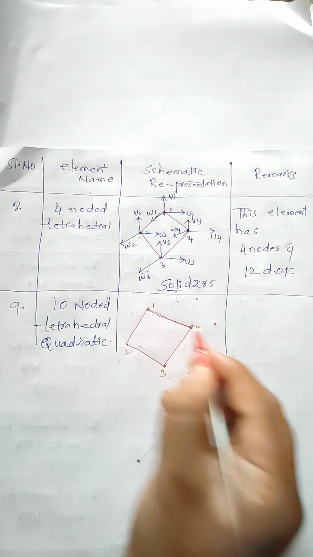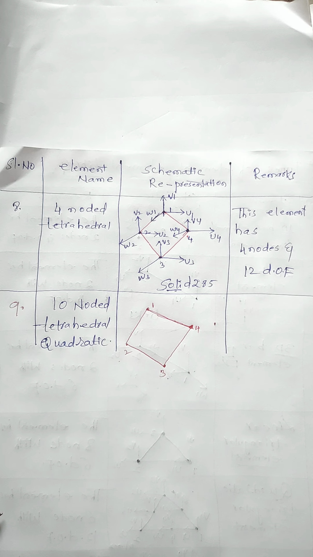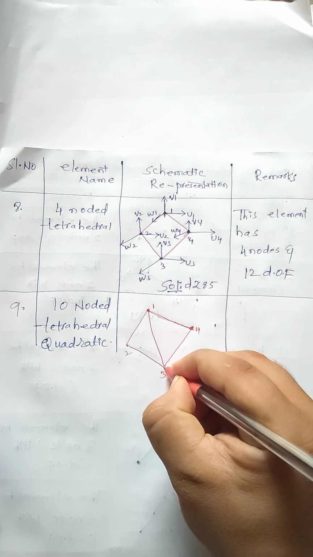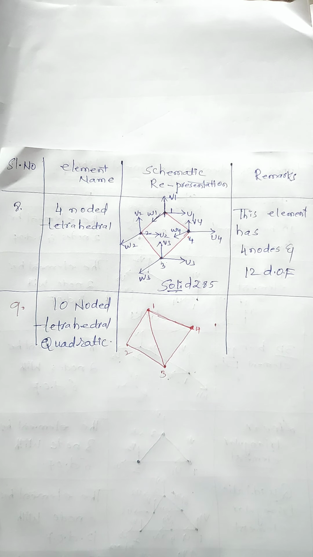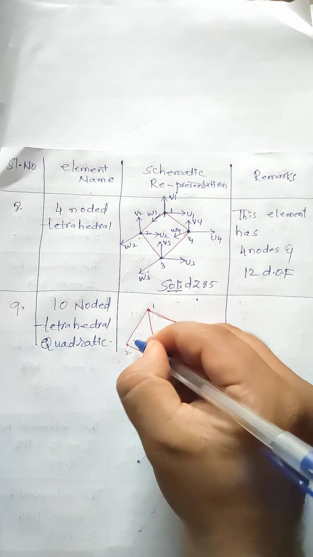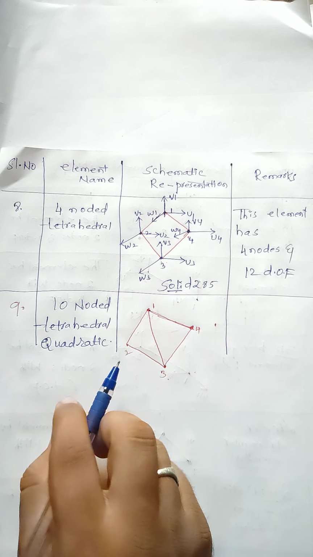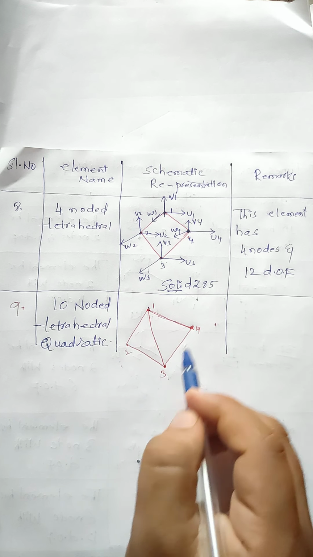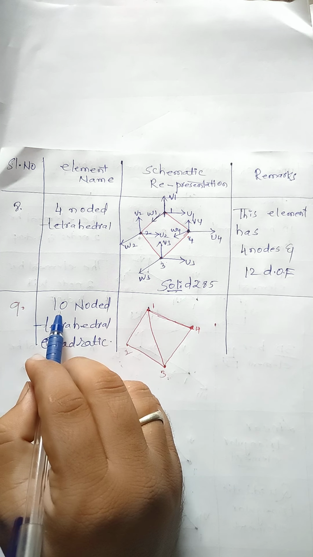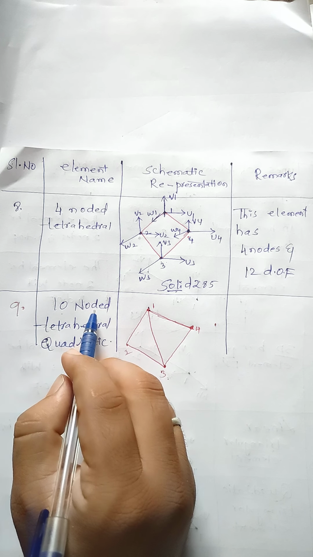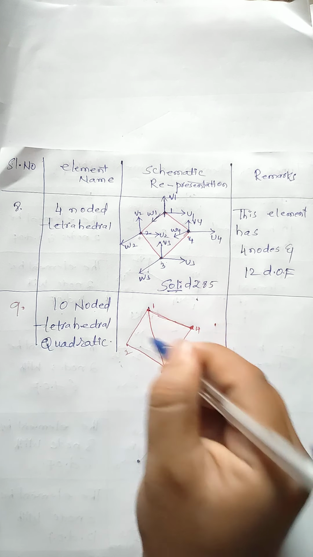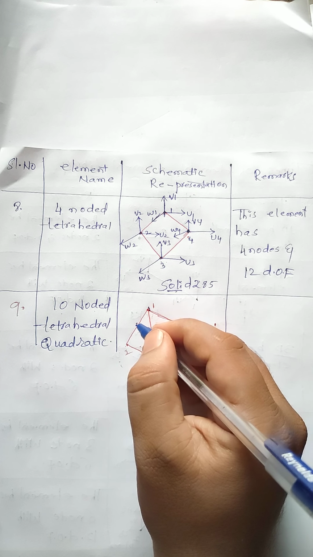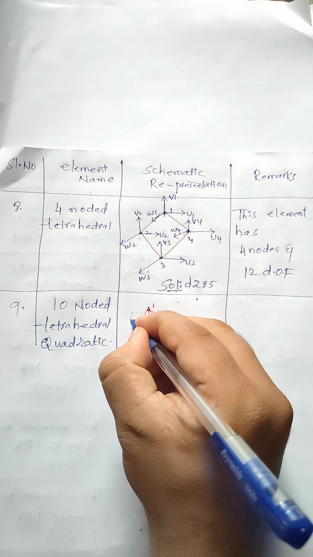Clear here? Then let us see, we need to join this point from the first node to the third node. Okay, so this is the first node and second node, and this is the third node. Total how many nodes did we get here? 1, 2, 3, 4. We are talking about total 10 noded. Then between 1 to 2, one more node lies.